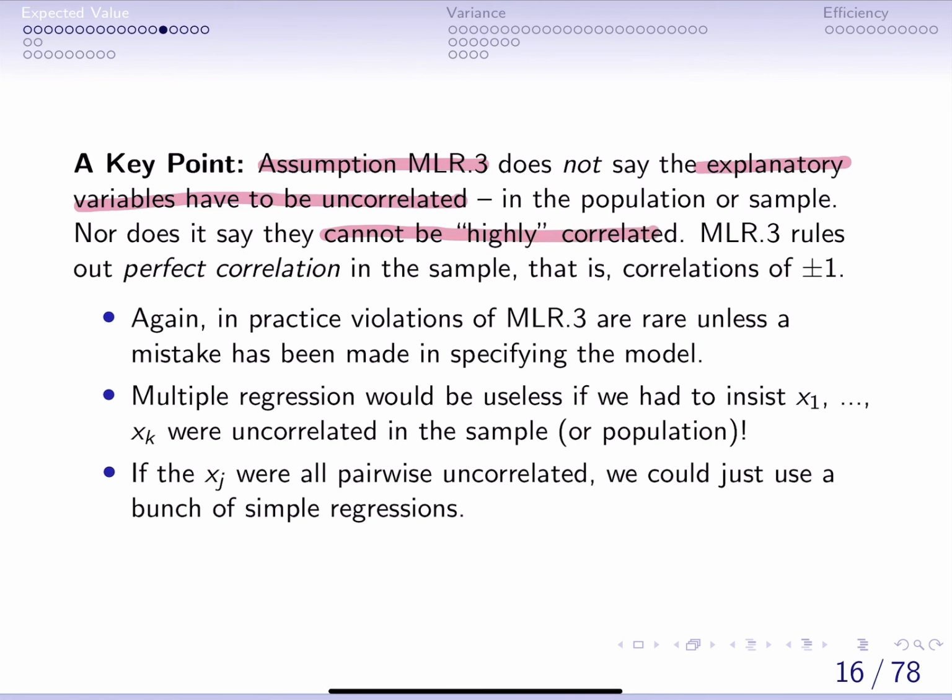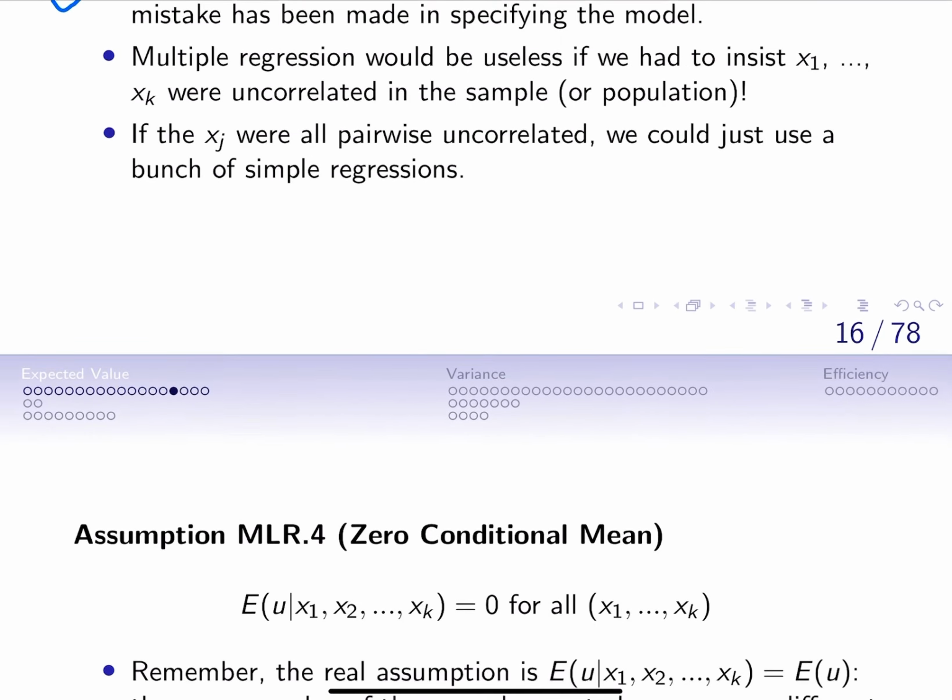The only thing we want to avoid is perfect correlation in the sample, so any correlation which is positive or negative one. Like I said before, these violations of the third assumption are rare unless there's a specification error in the model or some sort of problem with the sample. But you want to avoid mistakes like these.